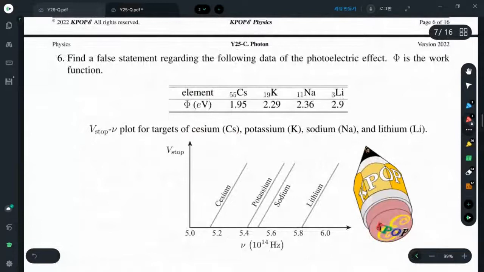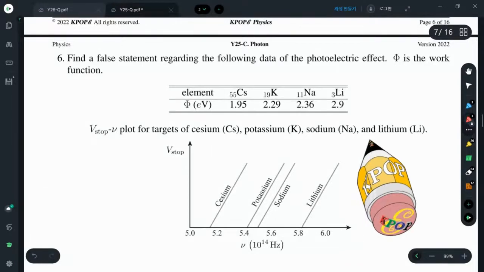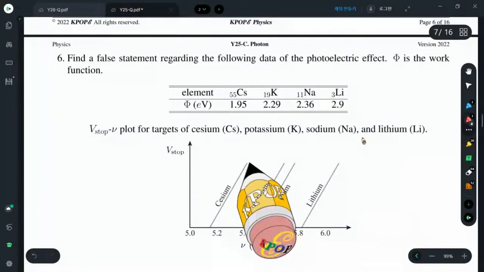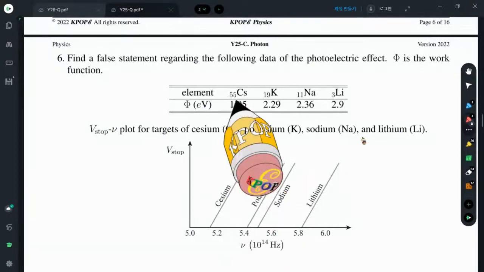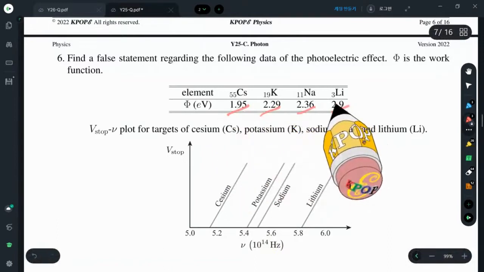Anyway, by supplying energy from an electromagnetic wave that is greater than a certain threshold, it was possible to emit electrons from metal. You notice that there are differences.